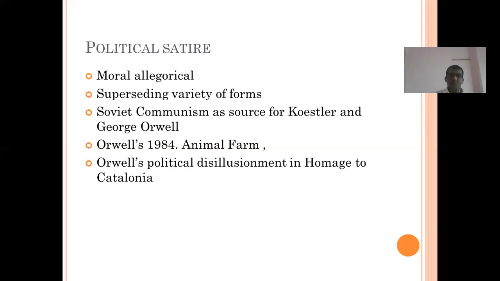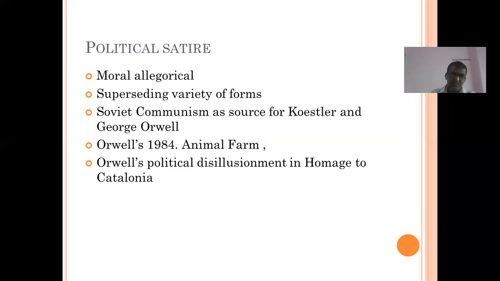So, what are the moral and allegorical things the modern world has produced? It is essential that the politics of the era is reflected in very beautiful novels, political novels, and we have a very allegorical novel in the form of Animal Farm.